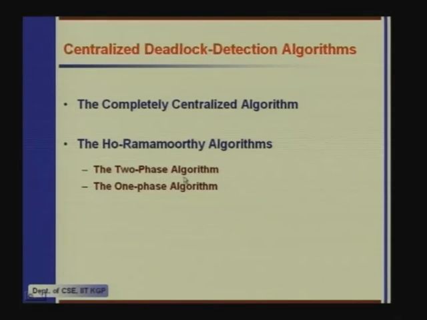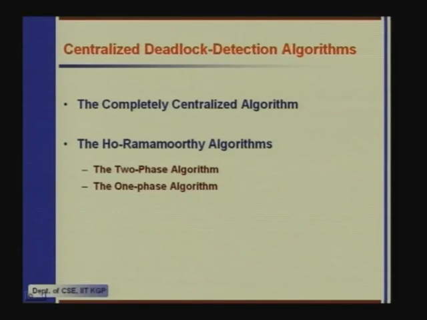The first one was the two-phase algorithm, which is something like running the centralized algorithm twice and expecting that if there were some false links, then in the second snapshot they will not be shown anymore. But then we also realized that the same scenario can repeat itself. So, it is quite possible that false deadlocks are again detected.